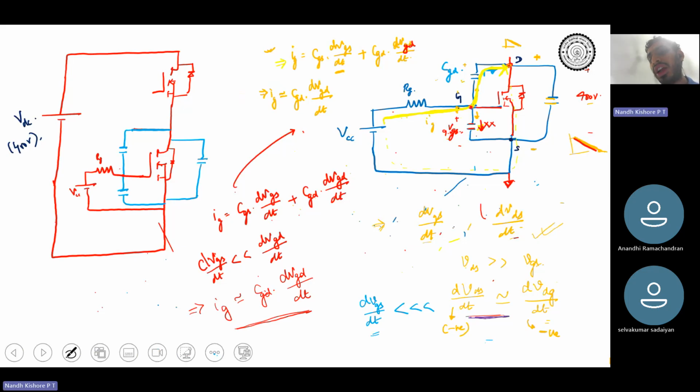So drain to gate voltage is changing from VDC to almost zero, since we assume that gate and source are at almost the same potential. Let's assume it is zero, just for computation. It is not exactly zero; there will be IR drop and all, but let's assume it is almost zero compared to VDC.